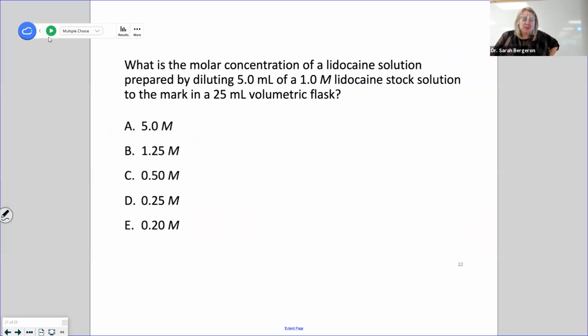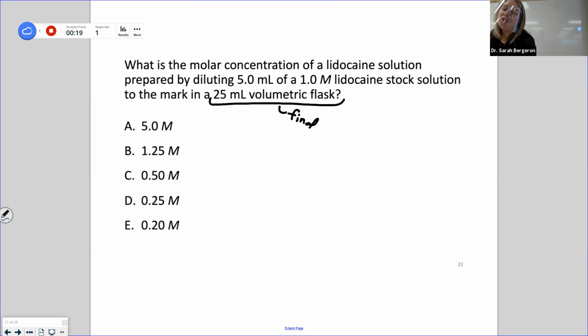All right. So what is the molar concentration of a lidocaine solution prepared by diluting 5 mL of a 1 molar lidocaine stock solution to the mark in a 25 milliliter volumetric flask? That means that this 25 milliliter volumetric flask is your final concentration or your working solution. Okay.